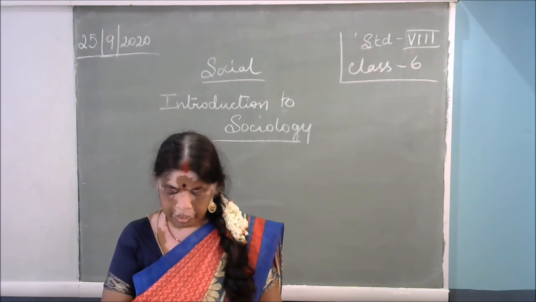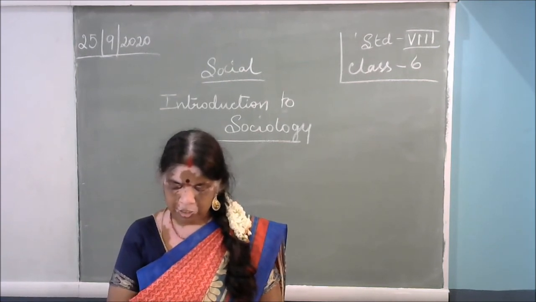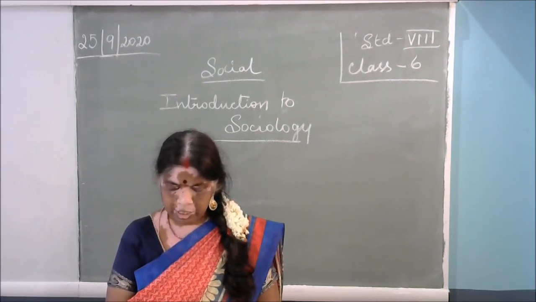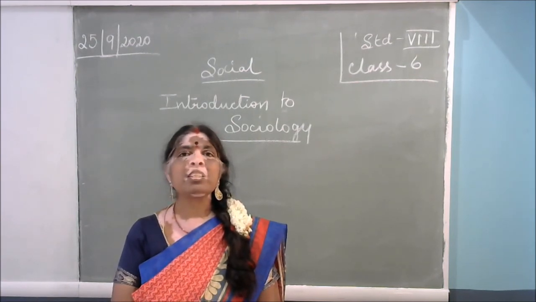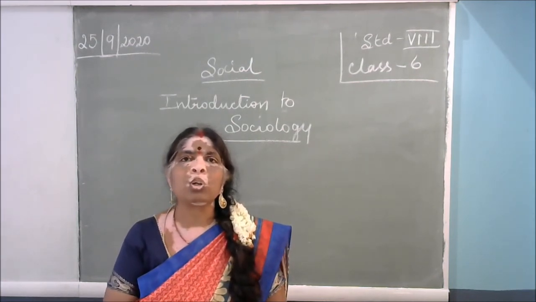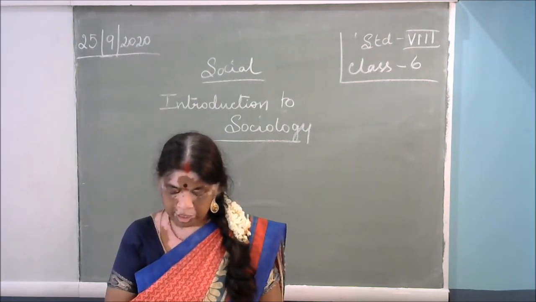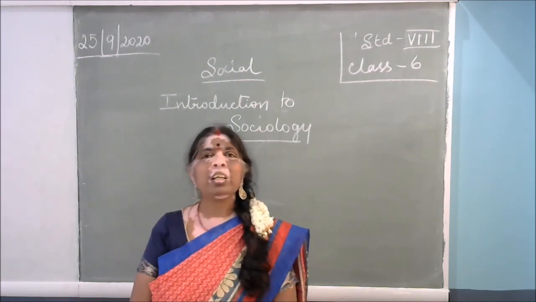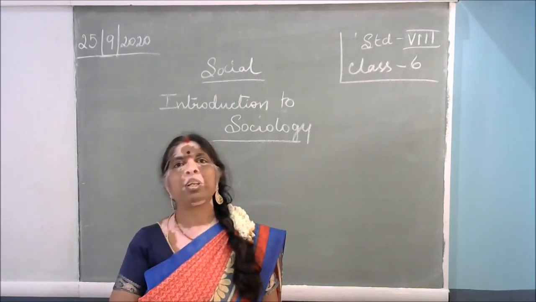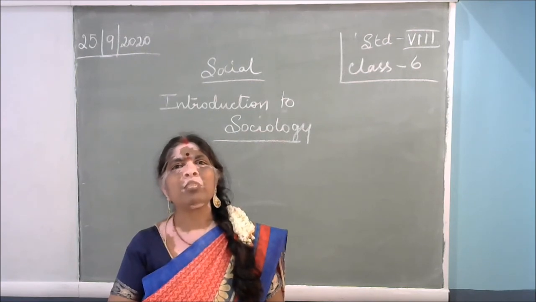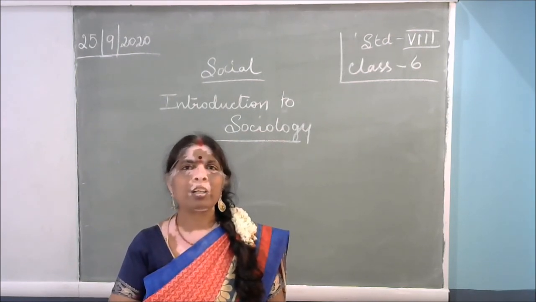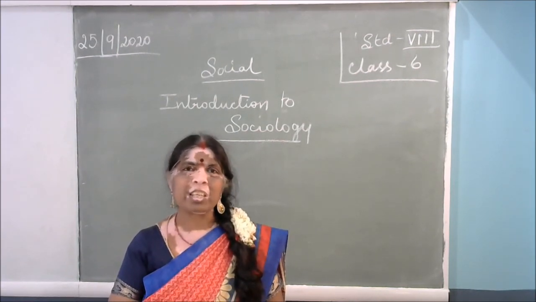Sociology is not interested in the tangible aspects of human life. It is interested in the form and pattern of human events. It has no interest in any specific battle or revolution like history. History is relevant with battles, wars and events.